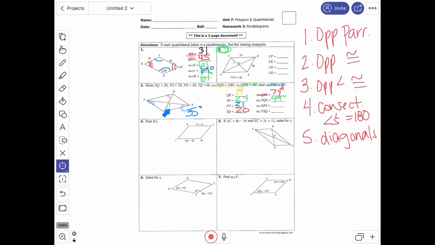So if I take 74 and subtract 35, I could figure out what this side of that angle is. Then I now have alternate interior angles with this blue angle and this yellow angle. The blue angle is what I'm trying to find. That's angle RPS. So you really got to work backwards with these. So I'm going to take 74 minus 49, and I get 39 degrees.